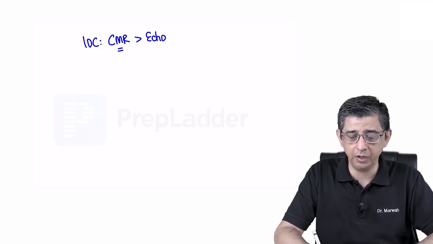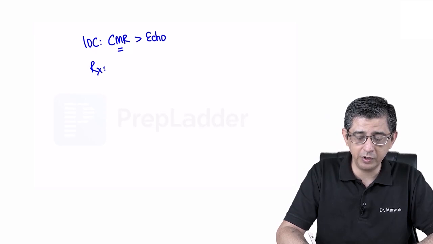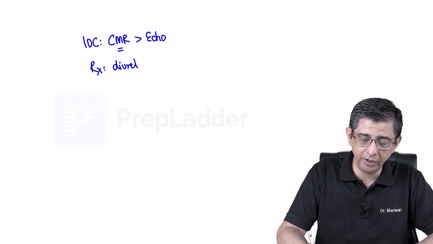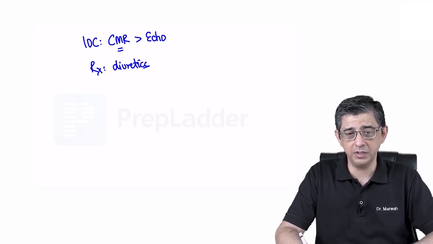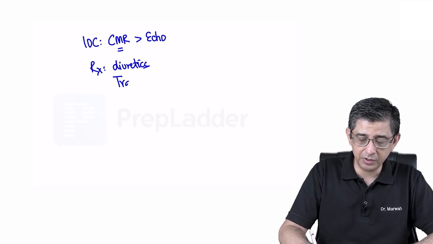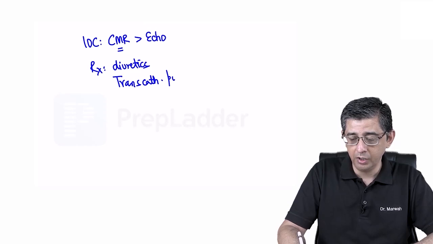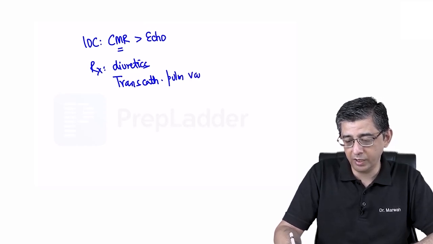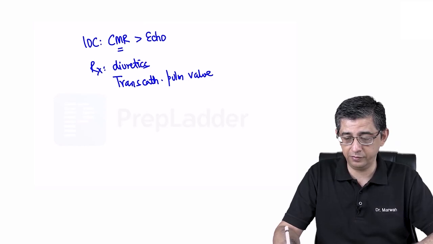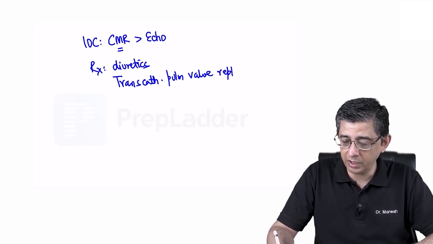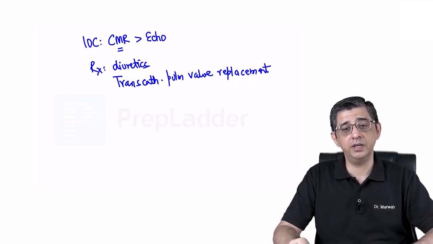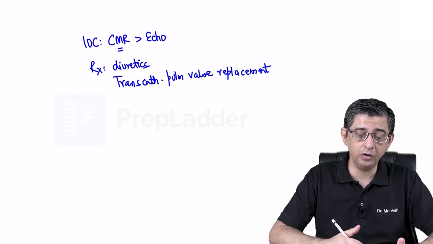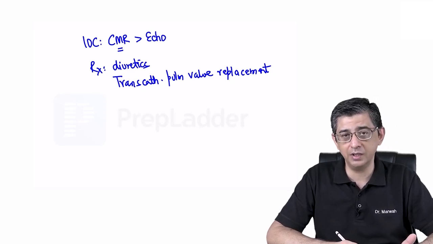So echo will anyway pick up the disease. And for treatment of these patients, I will be using diuretics to handle problems that will occur with right-sided decompensation. And the treatment of choice for this condition would be answered as transcatheter pulmonic valve replacement. You can understand that the pulmonic valve has already been made a mess of, because most of the time the case that will be given to you in this particular pulmonic regurgitation MCQ will be that of a patient who's already undergone a surgical correction.